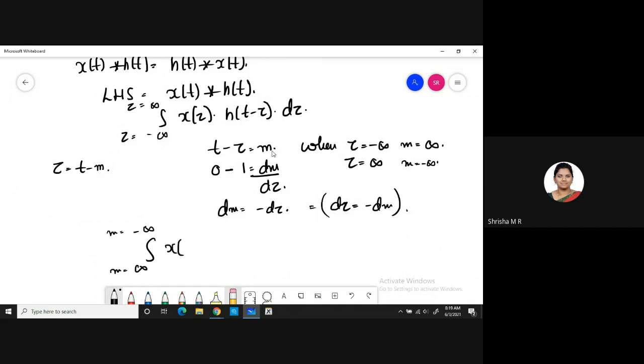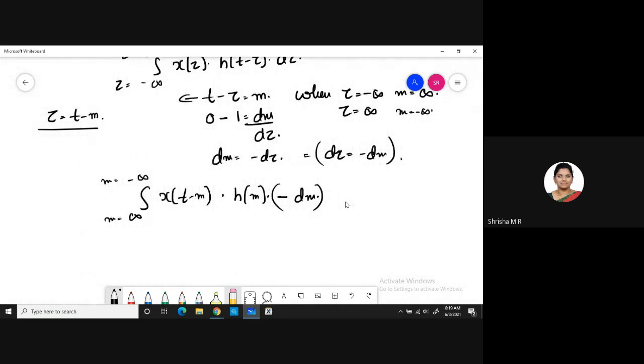Tau is equal to t minus m, from t minus tau is equal to m. Okay, x of t minus m into h of m into minus dm. Okay, d tau is replaced with minus dm. Got it, everyone? Clear?